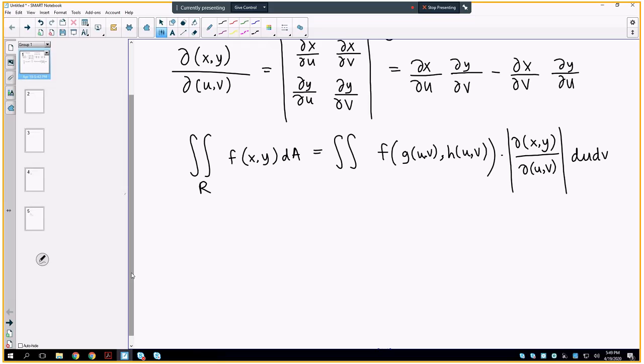And this region R becomes transformed into a region in the UV plane.